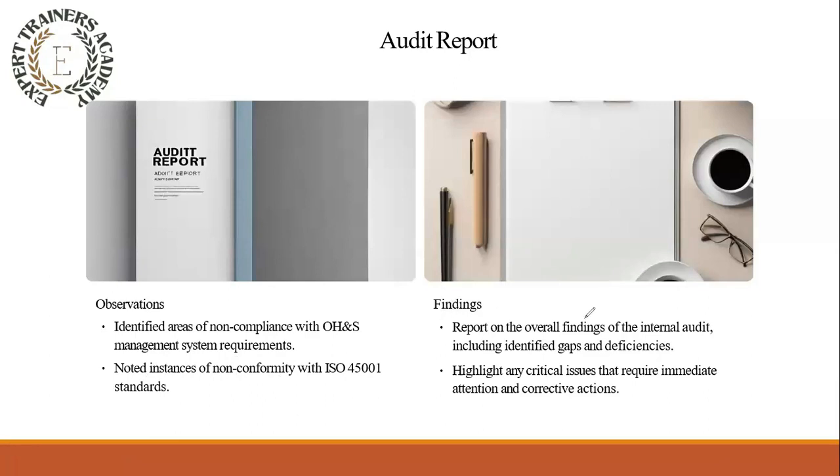The findings must be reported on the overall findings of the internal audit, including identified gaps and deficiencies. See, whatever gaps you identified against the ISO 45001 standards, you're going to make a note of it and present that in the closing meeting with the topmost personnel or the required personnel.